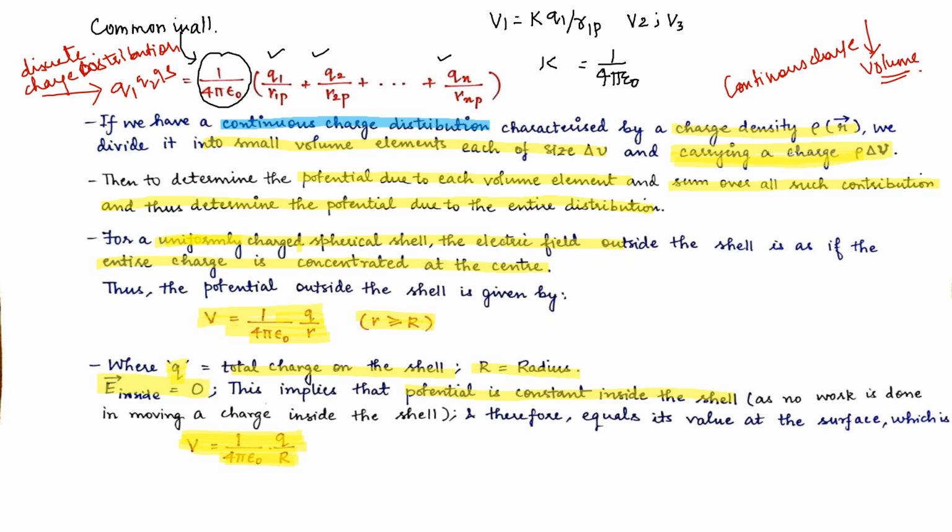What exactly is happening over here is that, first of all, we are taking a continuous charge distribution, and for that we will draw one sphere. This sphere has a continuous charge distribution like this.